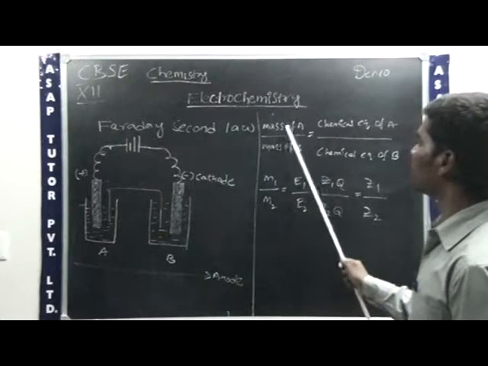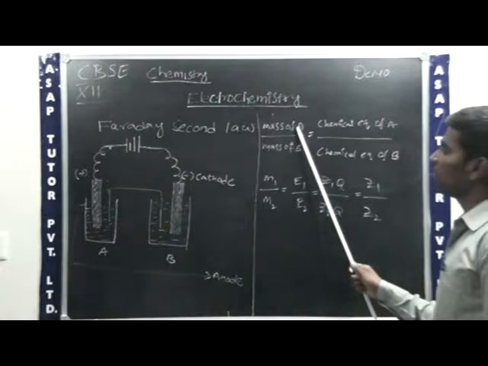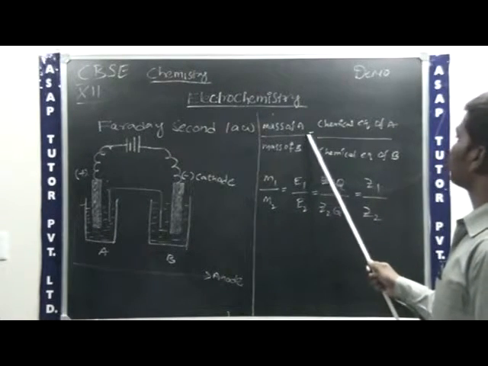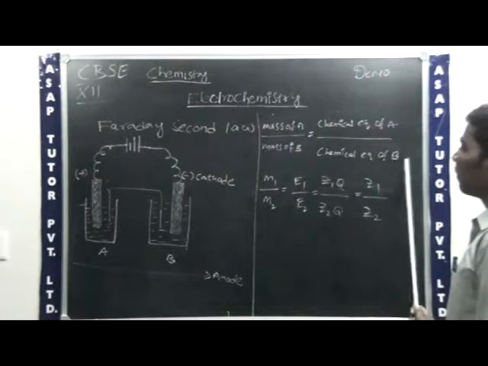For example, we take the mass of A and the mass of B, the masses of electrolytic solutions A and B. The masses deposited are in proportion to the chemical equivalent of A and the chemical equivalent of B.